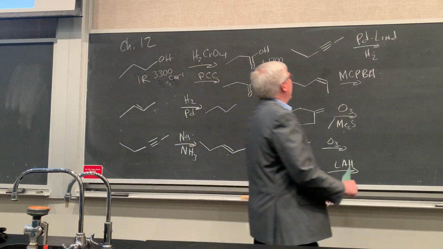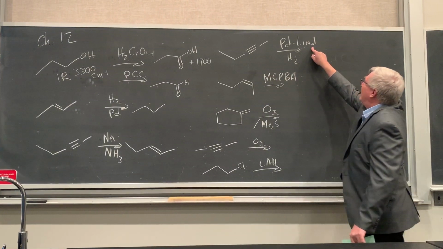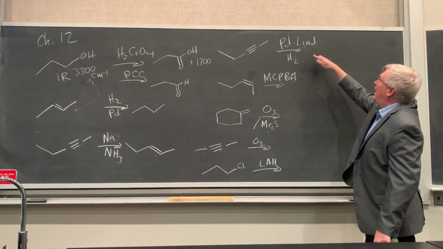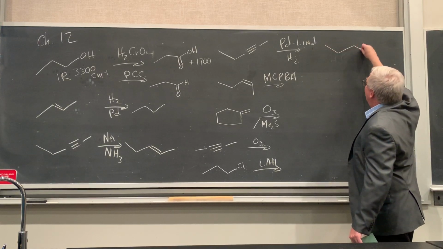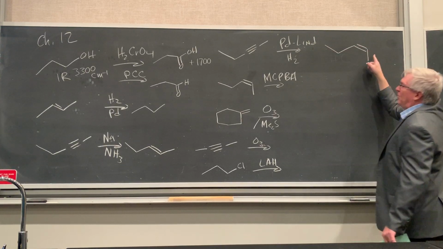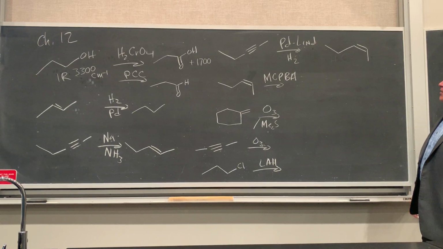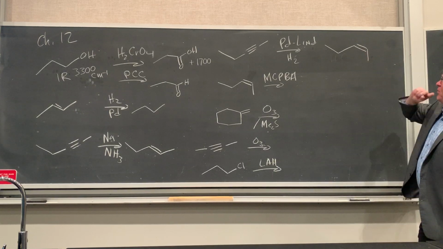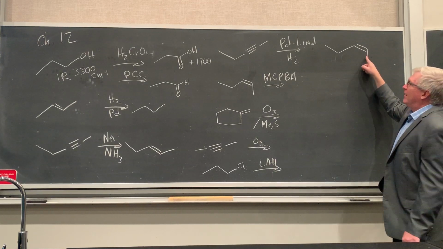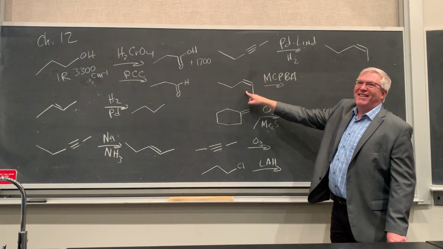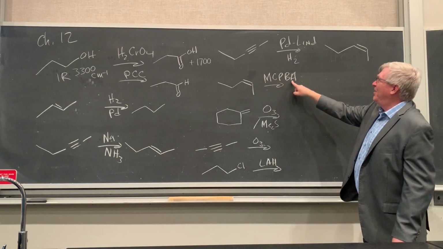All right, let's look at palladium Lindlar. That's the poisoned catalyst with an alkyne. Your product there should be what? The cis alkene. Okay, that's the half reduction or the poisoned Lindlar reduction, and it just stops at the cis alkene. Okay, let's take that same product here and now oxidize it with MCPBA.